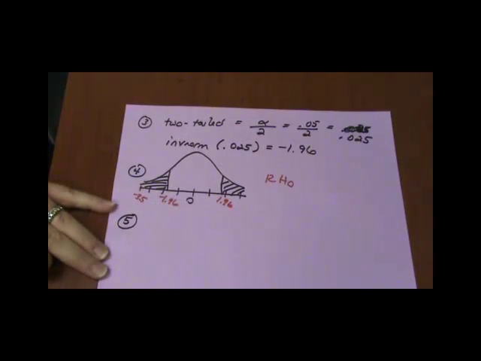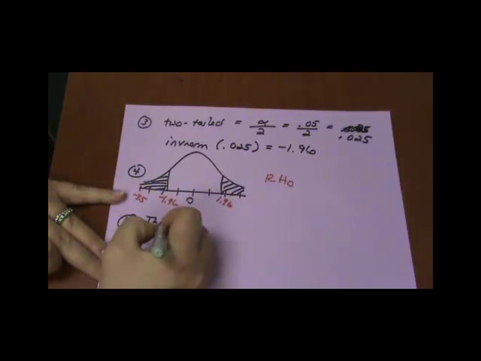Alright, so we're going to write our conclusion. Since we are rejecting H0, we're saying our evidence supports that the population comes from a sample where it is significantly different.